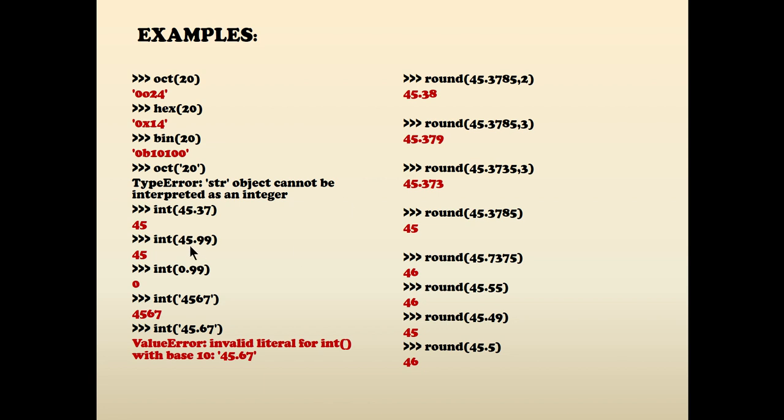So int of 45.99 is only 45, not 46. This is one of the main differences between the int and round functions. Look at the next one, int of 0.99. It is not 1, it is actually 0; you get only the integer portion as the answer.